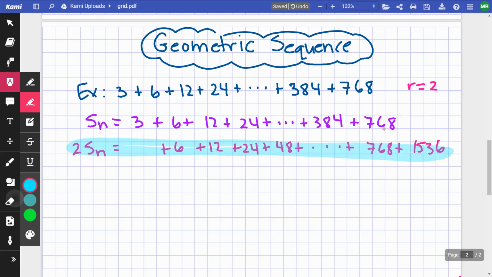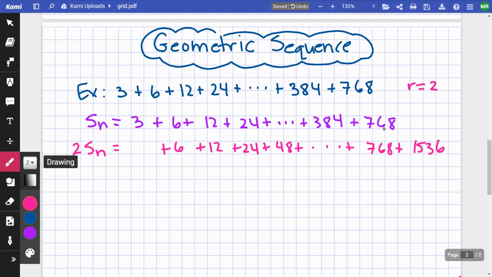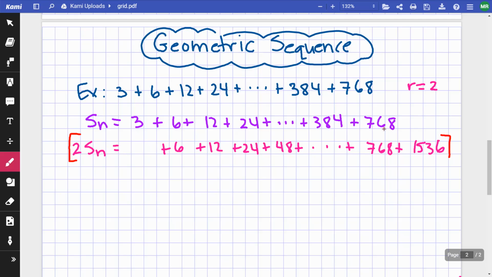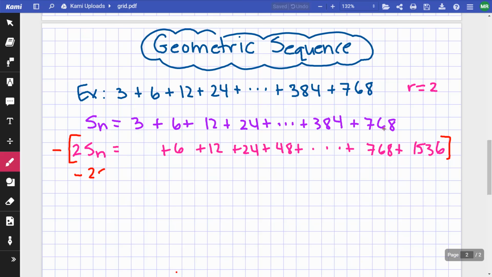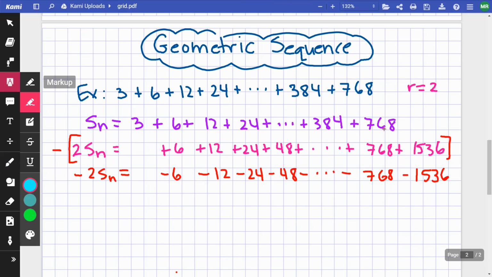So if I was to take that equation and multiply it by a -1, so this whole equation is multiplied by a -1, and so I would get -2 S sub n is equal to -6, -12, -24, -48, -768, and -1536.